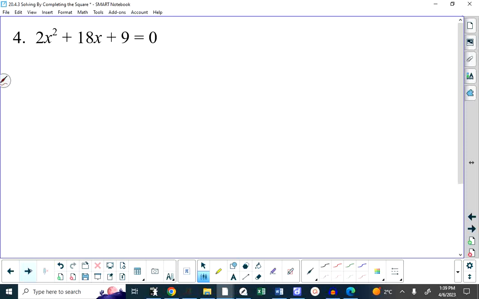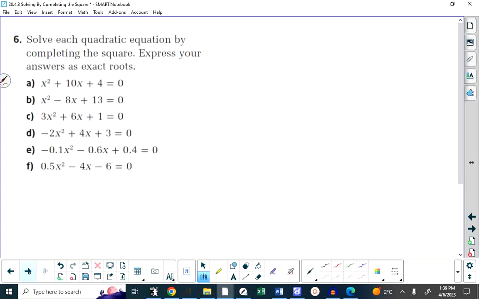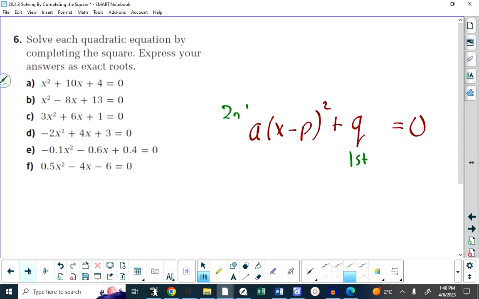The idea is that you complete the square so that the equation becomes a times x minus p squared plus q equals 0. And then you get rid of the q first. You get rid of the a next.